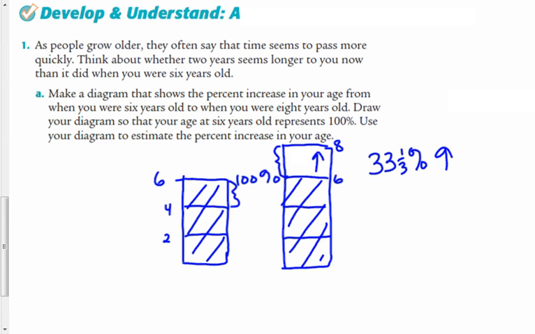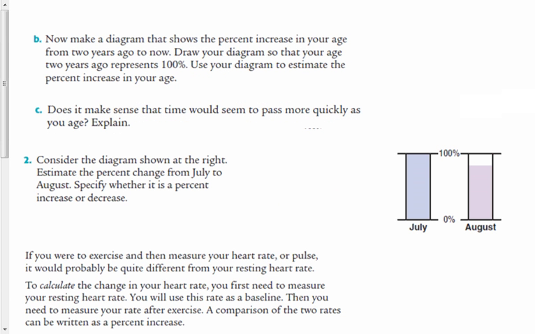All right. Now we're going to make a diagram that shows the percent increase in your age from 2 years ago to now. And so I'm thinking most of you 2 years ago were about 11 years old. So I'll make a diagram, and let's say this represents when you were 11.